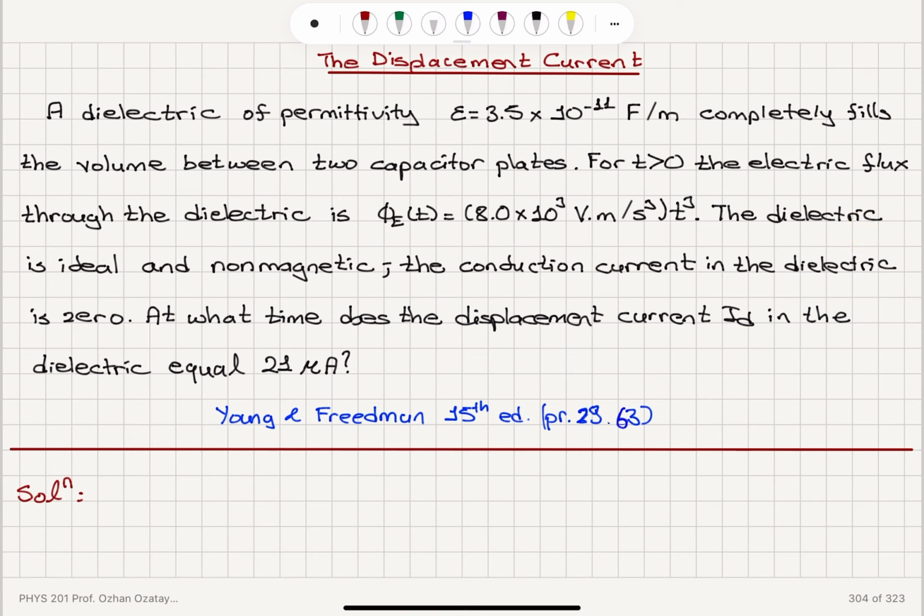The dielectric is ideal and non-magnetic. The conduction current in the dielectric is 0. At what time does the displacement current I_D in the dielectric equal 21 microamps?